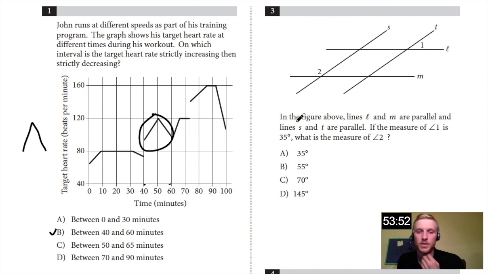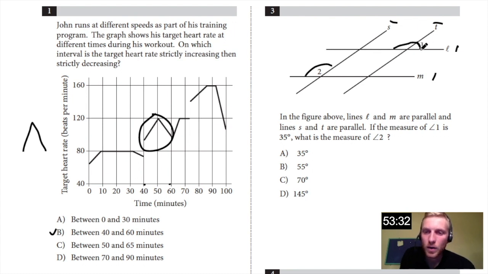All right, question 3. So something geometric here. In the figure above, the lines L and M are parallel, and S and T are parallel. If the measure of angle 1 is 35 degrees, what is the measure of angle 2? So we want to know the measure of this angle, and that's going to be the same measure as this angle here.